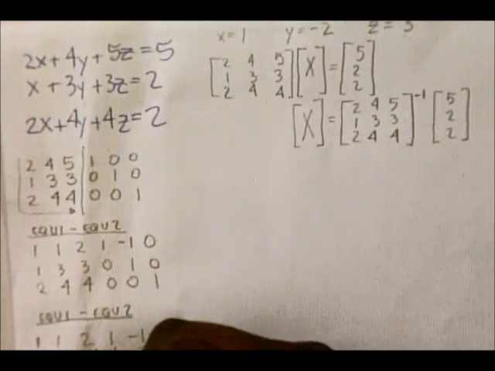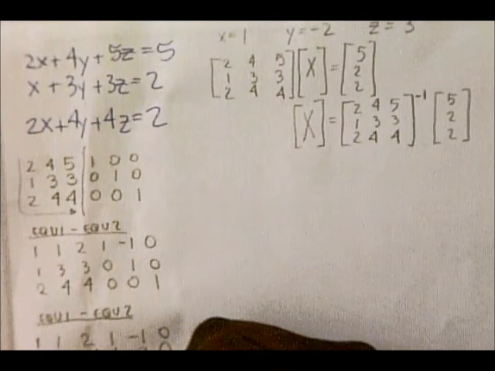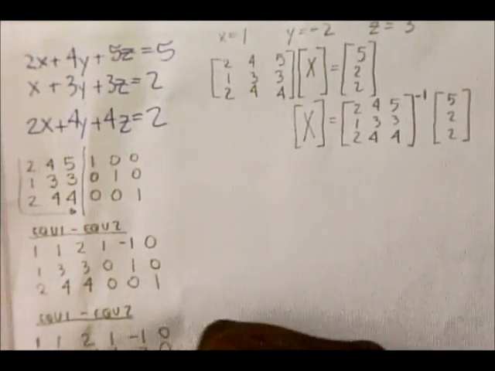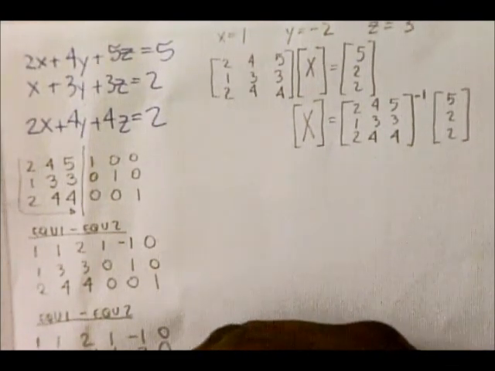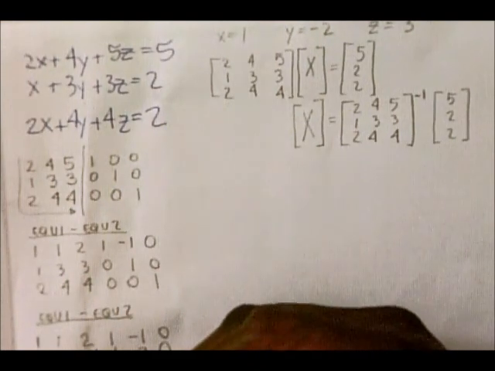I'm going to take twice equation 1. I'm going to subtract equation 3, and the result of that will give me a 0 right here. So that is what I'm going to do.